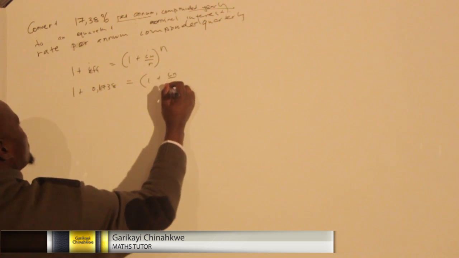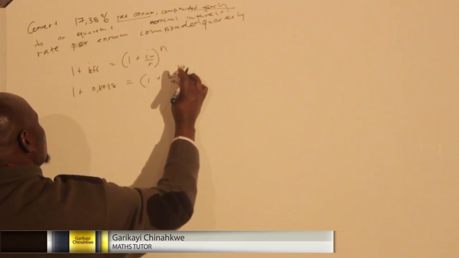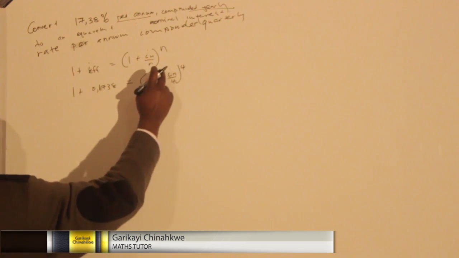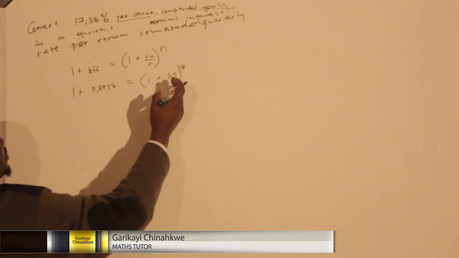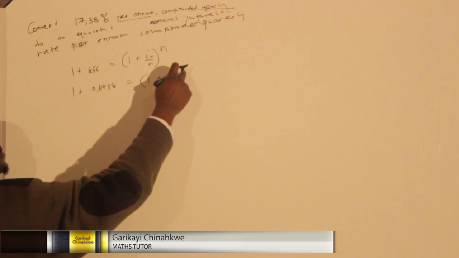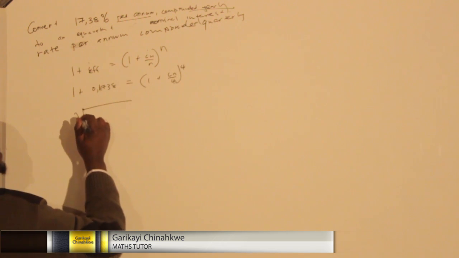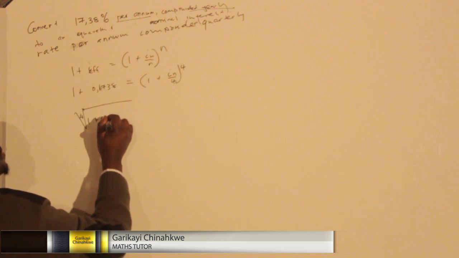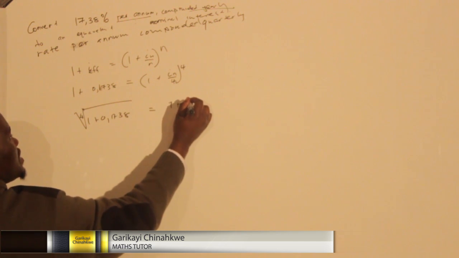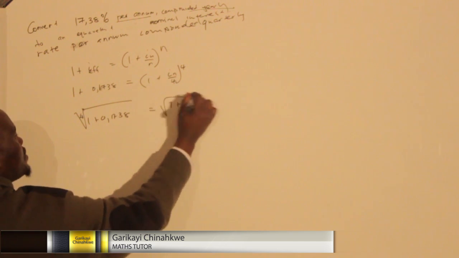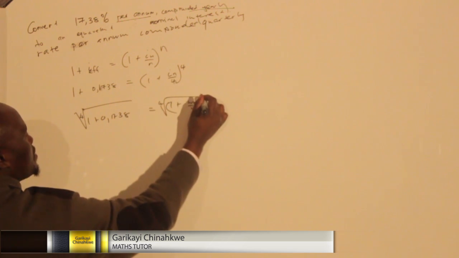So it's i n divided by 4, to the power 4. For you to get rid of this, you take the fourth root; everything is to the power 4.